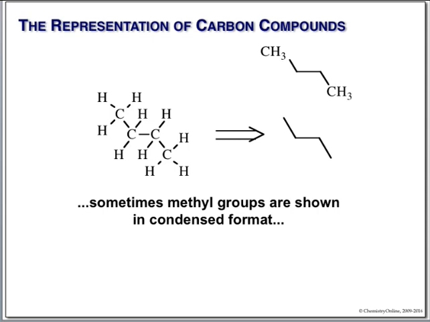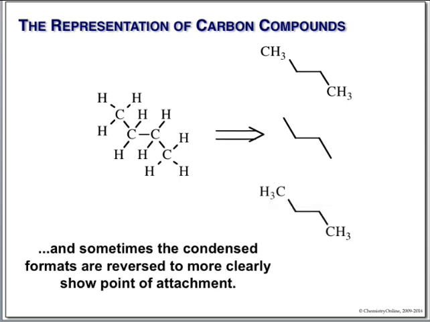However, if you look at this, some people would look at that and say, hey, this looks like this carbon is bonded to the hydrogen. Well, that's not right. Therefore, sometimes you can simply reverse this and draw it this way.